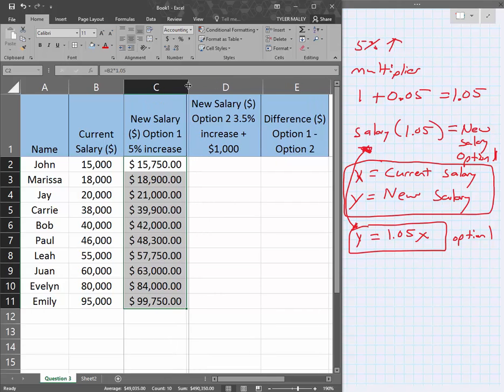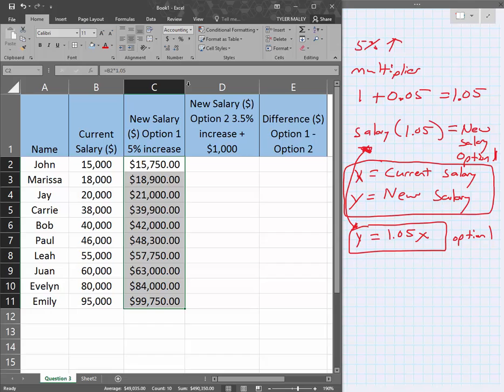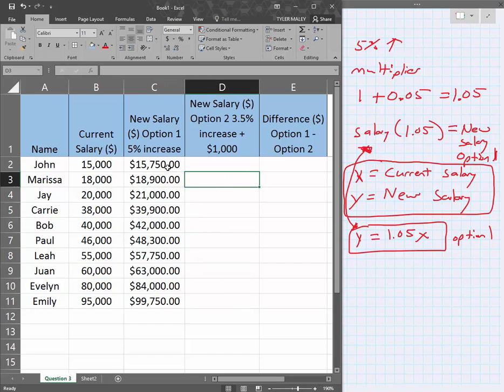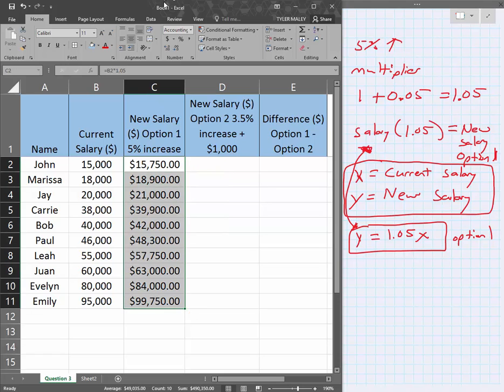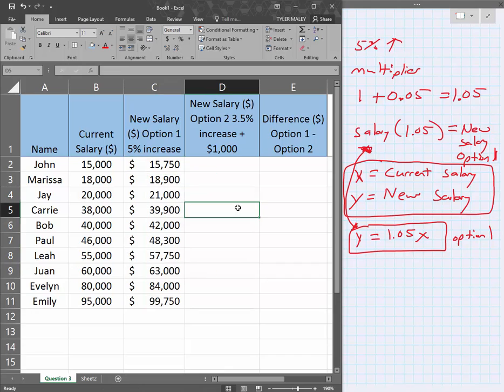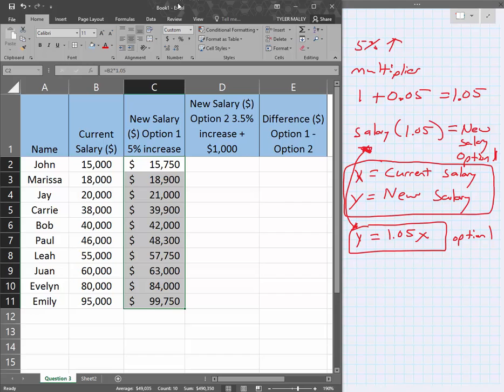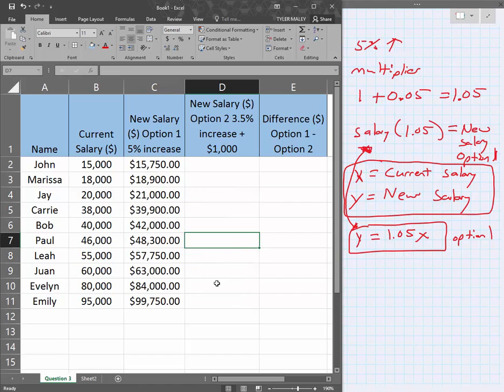I can make that cell wider, or you can just double click and it'll fix that for you. And if I don't want these decimals, there are buttons here to increase and decrease decimals, so I could get rid of those. There's no sense in them, at least for this first calculation, but if you wanted to leave those, that's perfectly fine.